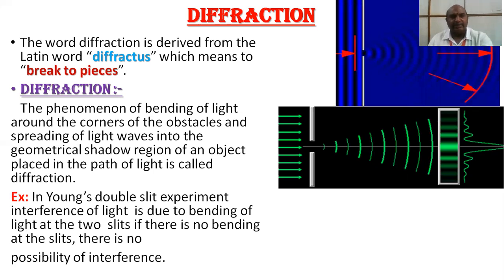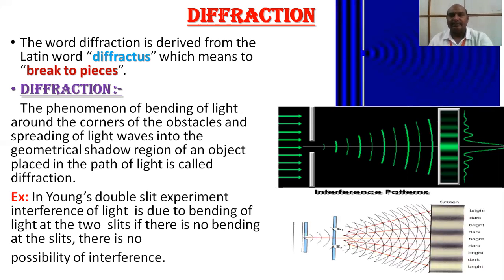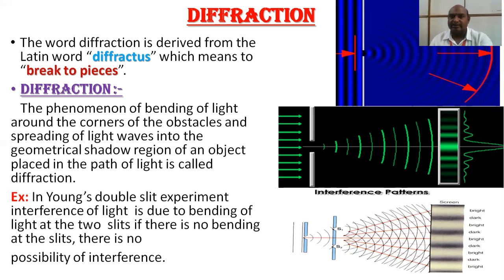In the Young's double slit experiment, the interference of light is due to bending of light at the two slits. If there is no bending at the slits, there is no possibility of interference. In this diagram, plane wavelets pass through a single slit, and the light is dispersed like crest and trough waves to the screen.